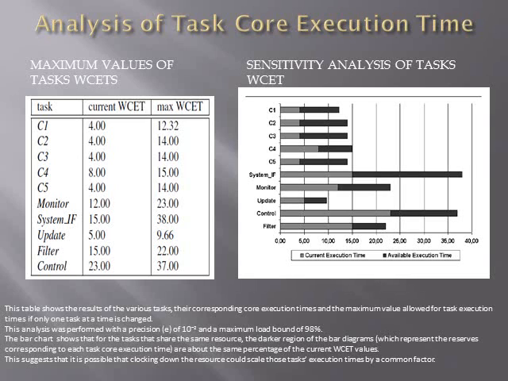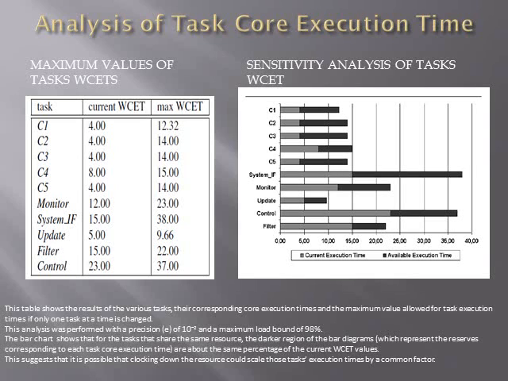This table shows the results of the various tasks, their corresponding core execution times, and the maximum value allowed for task execution times if only one task at a time is changed. This analysis was performed with a precision of 10 to the minus 2 and a maximum load of 98%.